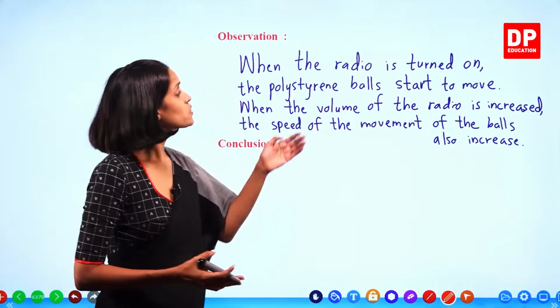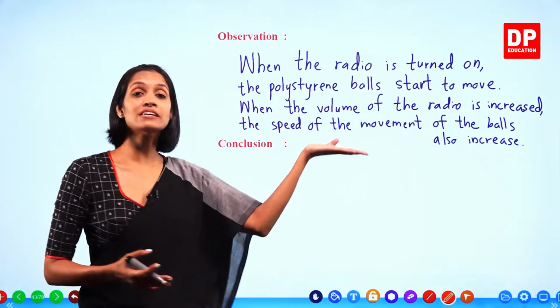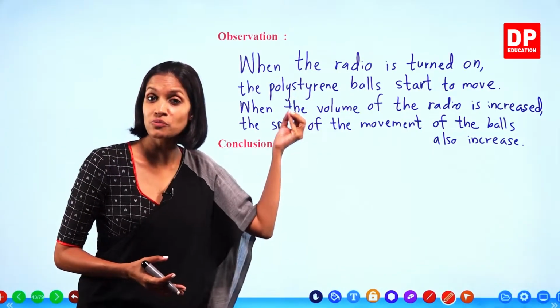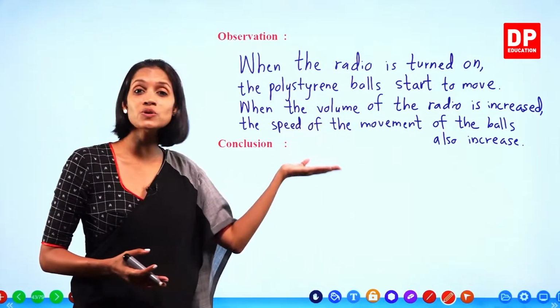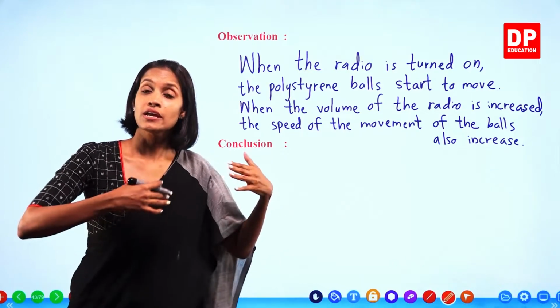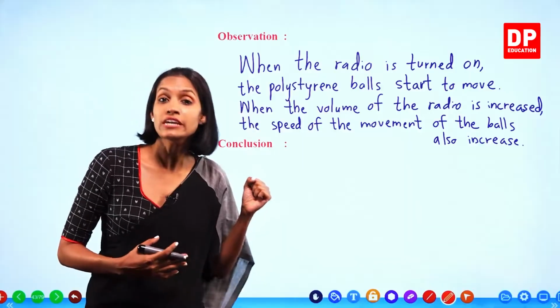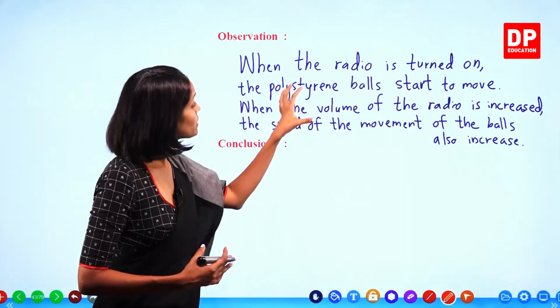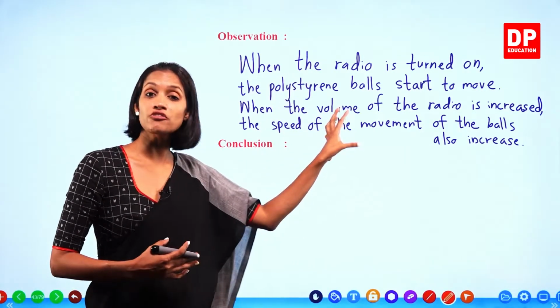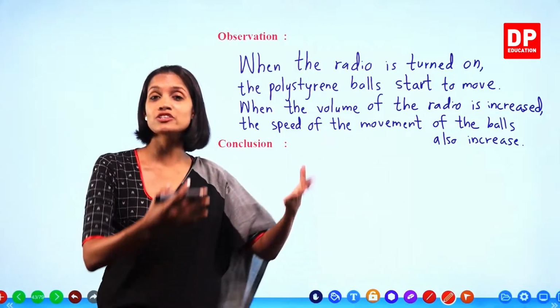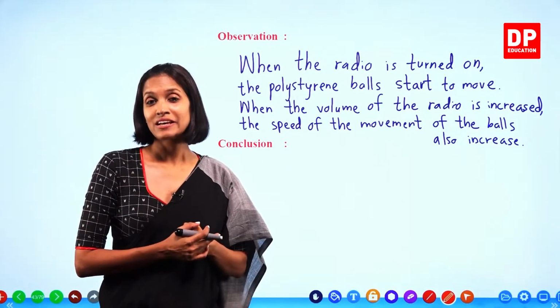Right, children? So here what happens? When the sound increases, the speed of movement also increases, which means if more sound is there, the speed of movement also increases. In order to increase the speed of the movement of the polystyrene balls, more energy should be supplied. Right, children?